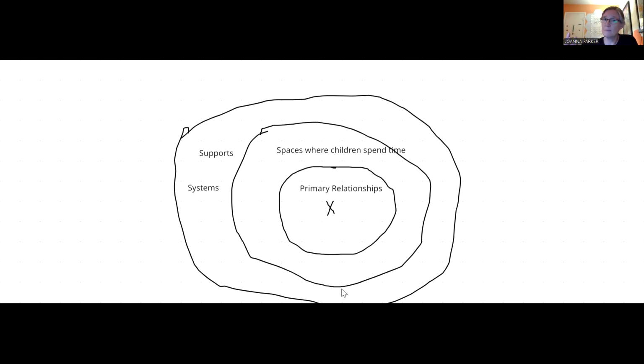They may be involved in the judicial system. We may have families with parents or family members who are incarcerated. We may have children who are in foster care. There are all sorts of different systems that families are engaged in. We want to think about housing and where the family lives and what supports they have there. So it's thinking about all of those pieces that impact who the child is and impacts the child's experiences, right?